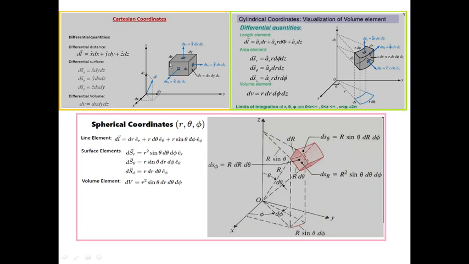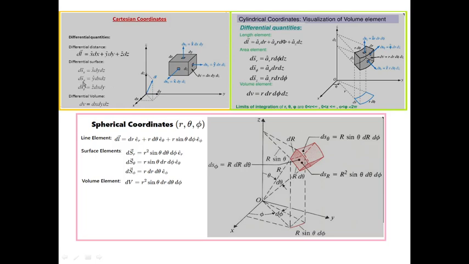So this surface has a direction x hat, and the magnitude of this surface is this is dy, this is dz, so this is dy dz. So the 2 surfaces are there. One surface is x hat dy dz, another surface direction will be minus x hat dy dz.